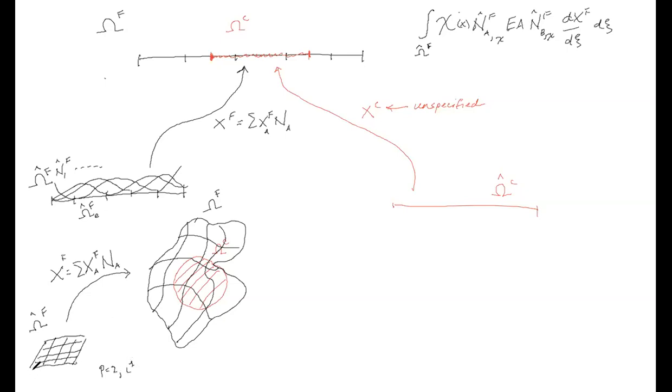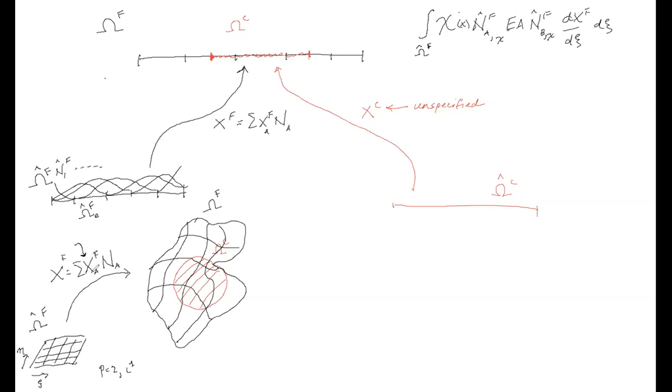So then how many functions do we have? 1, 2, 3, 4, 5, 6, I believe. So it'll be 6 functions in this direction. Let's give this the coordinate xi. Maybe in this direction it's eta. Those are our coordinates. So there's 36 functions. So we have to pick 36 nodes.